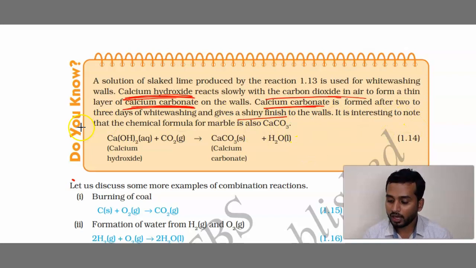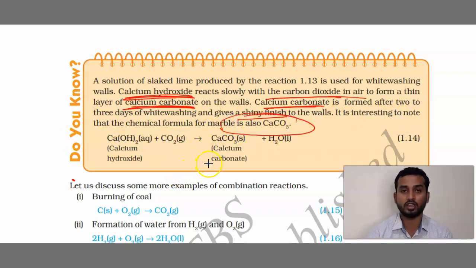Understood? And interestingly, the chemical formula of marble is also CaCO3. Remember, here 2 things you need to remember. Why are we using slake lime for whitewashing? Is it dangerous? No, it is not so dangerous, because it reacts very slowly with carbon dioxide in air. And which layer is formed?